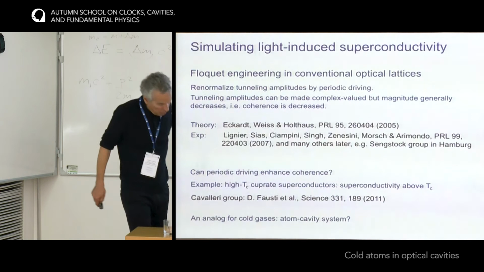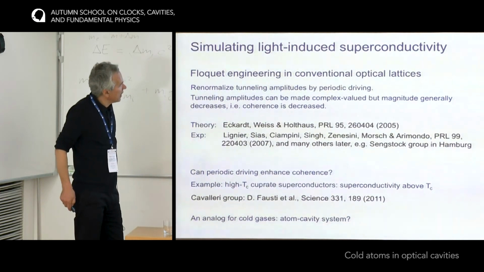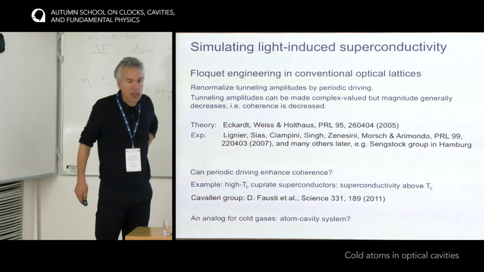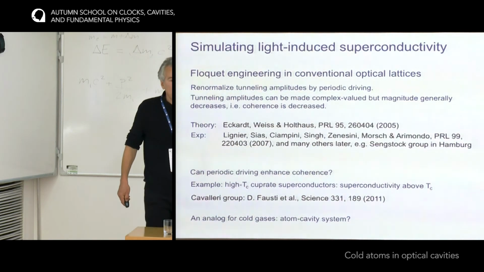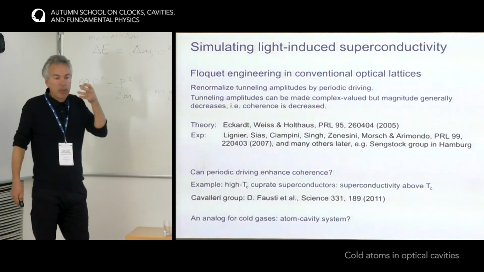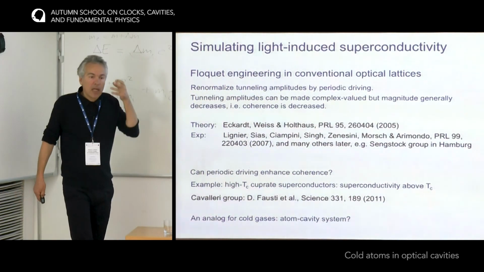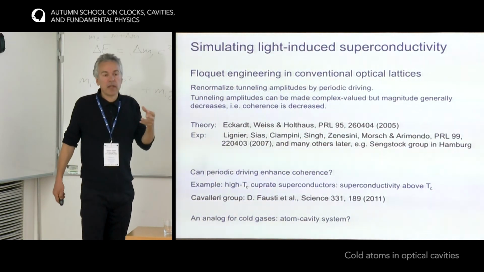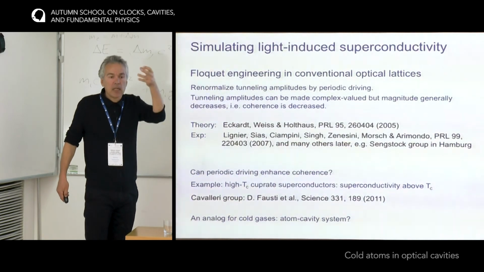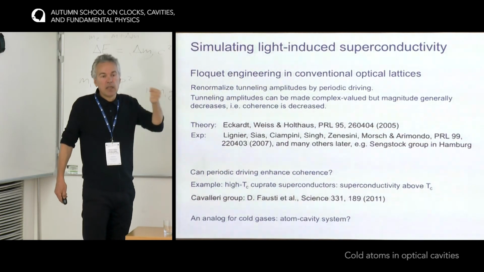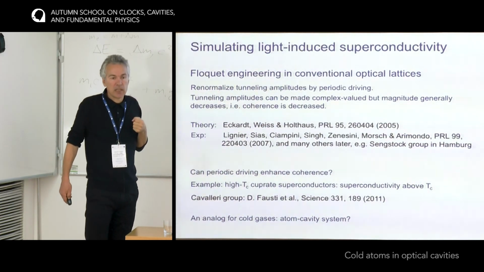And one aspect of these kinds of shaking protocols is that typically it's very hard or not possible to enhance coherence. Usually you always go to a less coherent state if you do that. But there has been one example in condensed matter where people also used shaking techniques applied to cuprate systems, where they could show that superconductivity can be supported or restored by applying these shaking techniques.